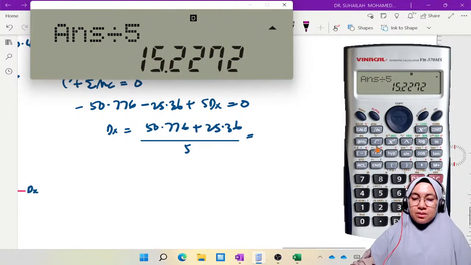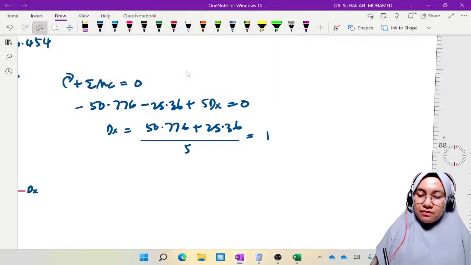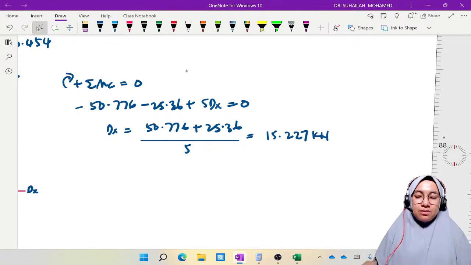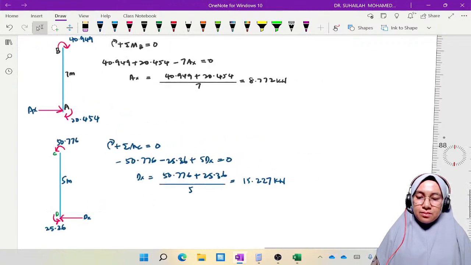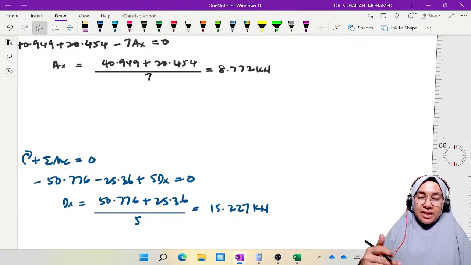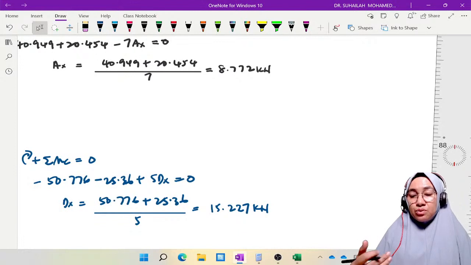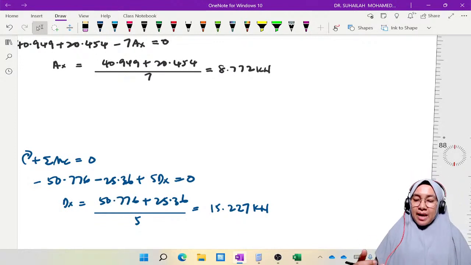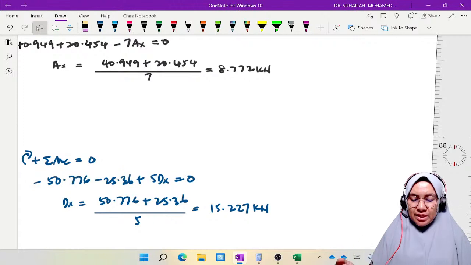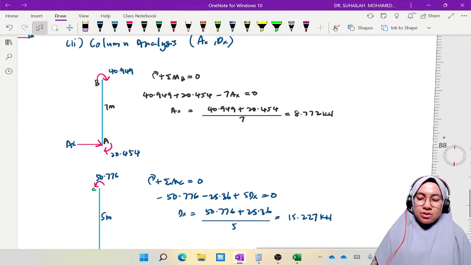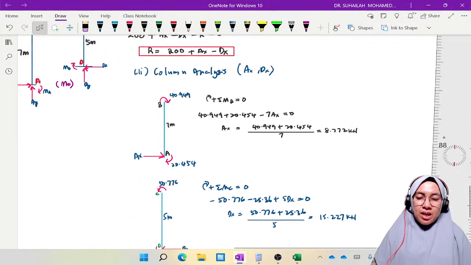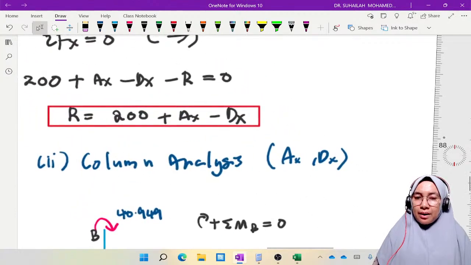So it is 15.227 kilo Newton. Okay, so we have AX and DX. AX is 8.772 and DX is 15.227. So this AX and DX we substitute into R.